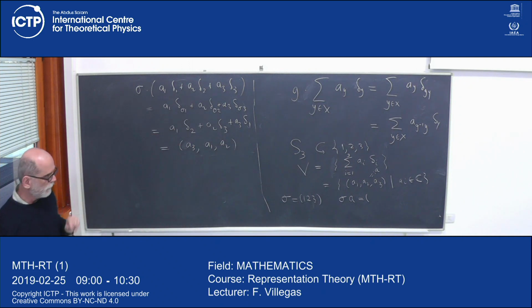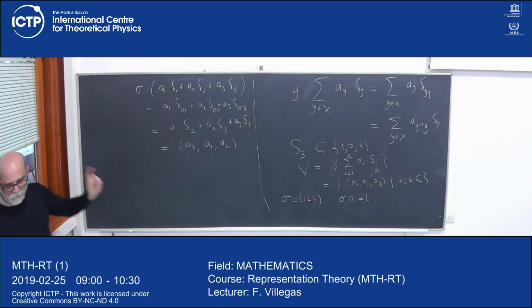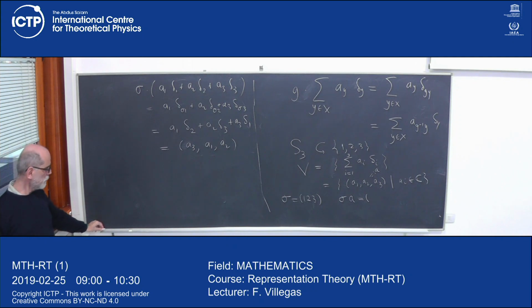Okay, so as I said, it's not complicated, but it's confusing. You should spend a little time trying to make sure that this is clear. It's not super important in a sense, but it's important not to get confused, because otherwise things start to become a bit of a mess. So this is a convention.